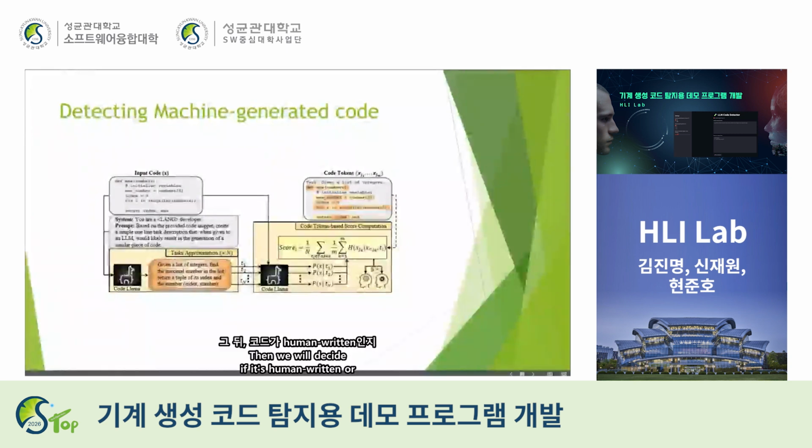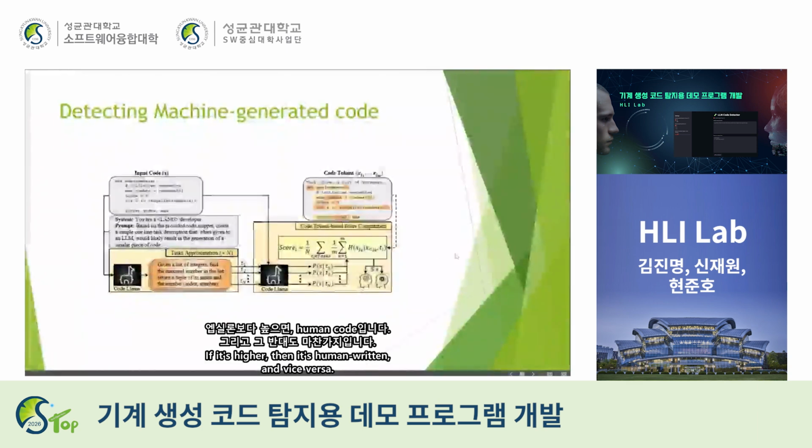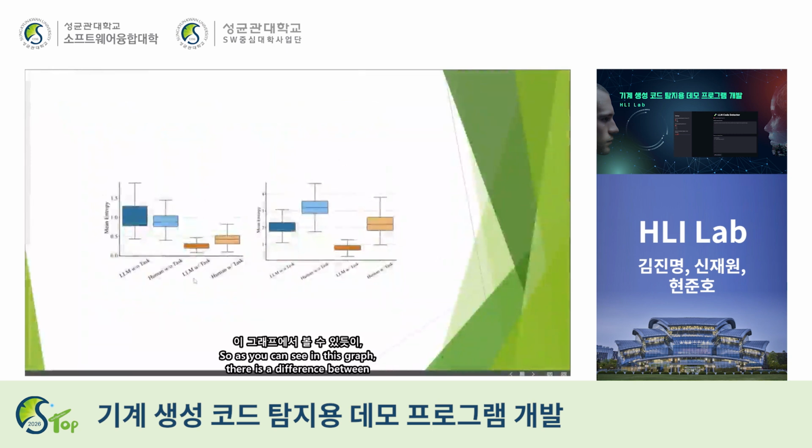Then we will decide if it's human written or machine generated based on this threshold epsilon. If it's higher, then it's human written, and vice versa. As you can see in this graph, there is a difference between human written code and machine generated code in their entropy.